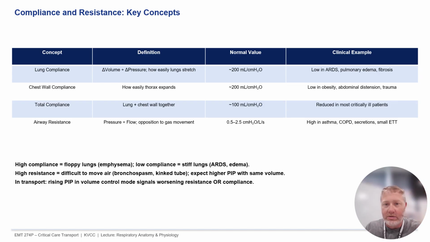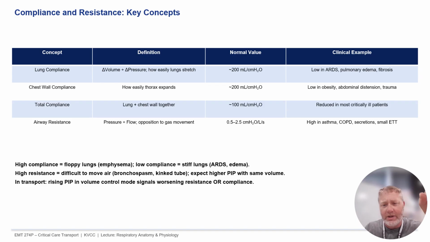Low compliance, the opposite, means that the lungs are stiff and require much higher pressures to inflate. Restrictive diseases in particular, like ARDS, pulmonary edema, pulmonary fibrosis, those all reduce compliance dramatically. On the vent, you'll see low compliance as high plateau pressures for a given tidal volume.